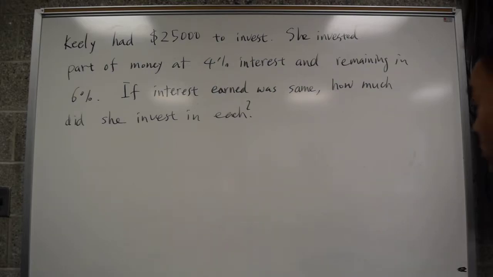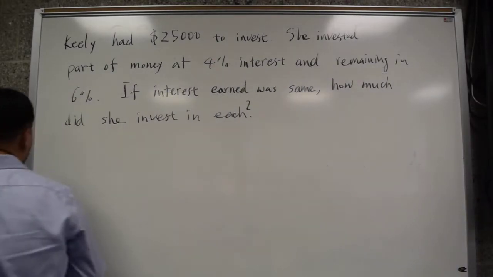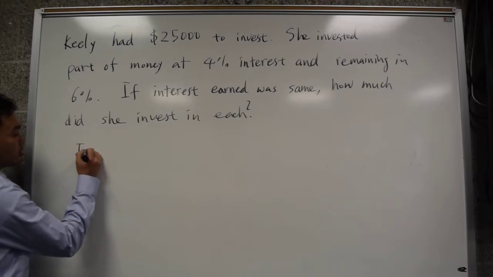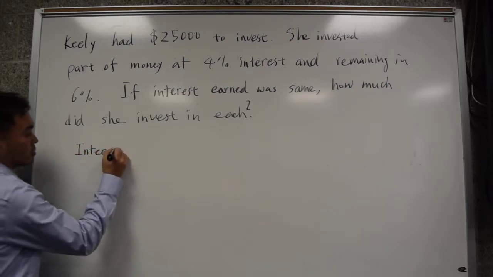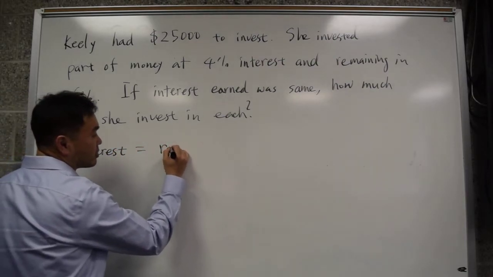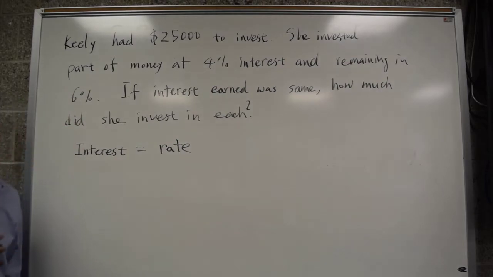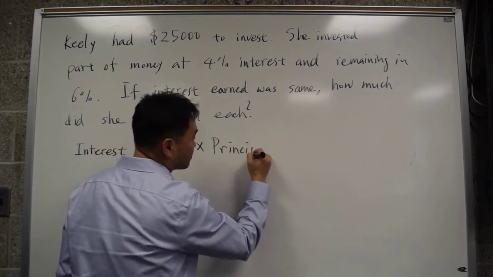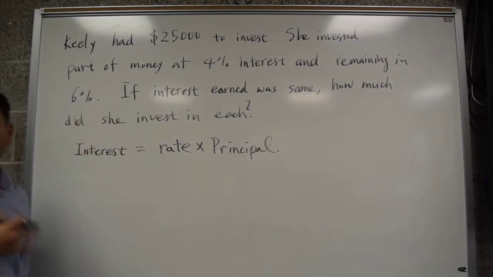For these interest rate questions, you have to know that the interest earned is given by the rate, the interest rate, times the principal, the amount of money that you put in.